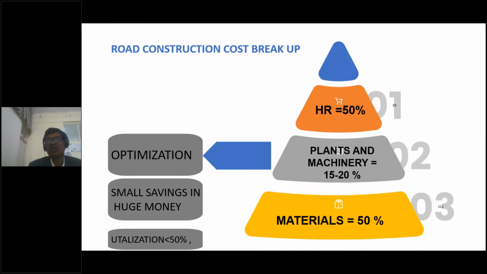If you take road construction and the road cost components, 50% of the project cost we spend on materials. 15 to 20% we spend on plants and machinery. Sorry, HR cost is less than 10%, not 50. Definitely not 10, I always say less than 5%. HR cost is less than 5%.